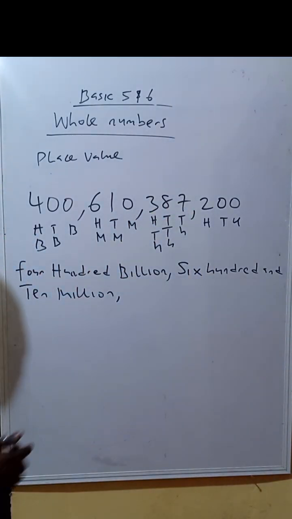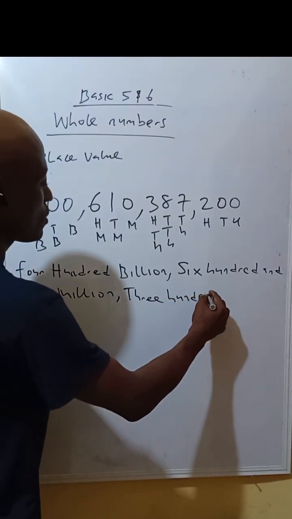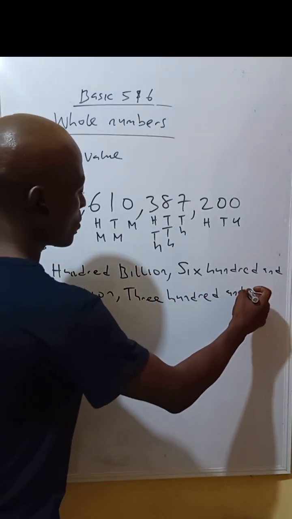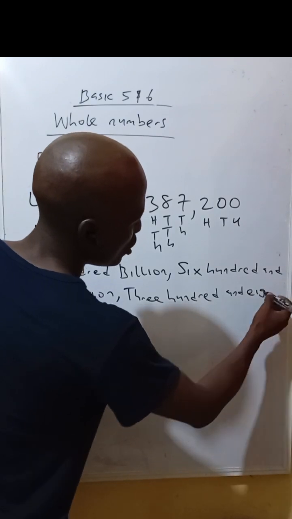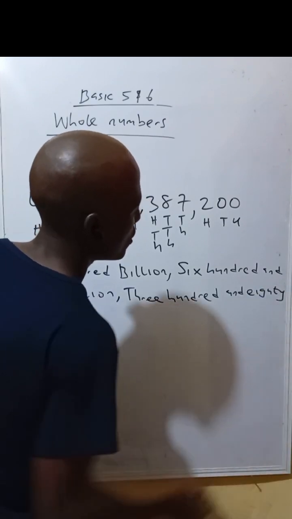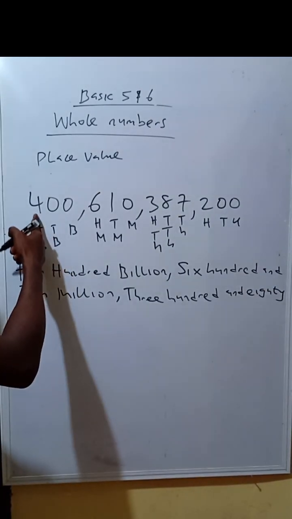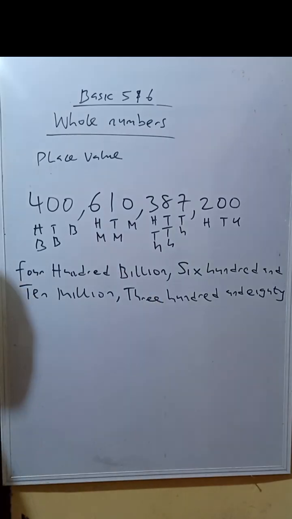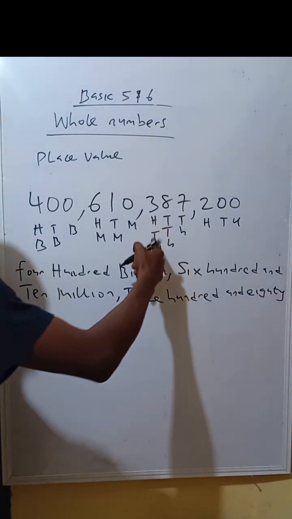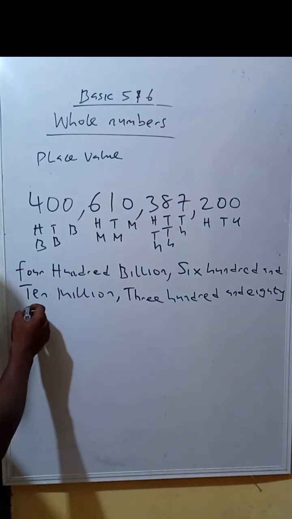387,000. Can I write the 80 here? 387,000. Don't forget 400 billion, 610 million, 300 and this is 387,000.